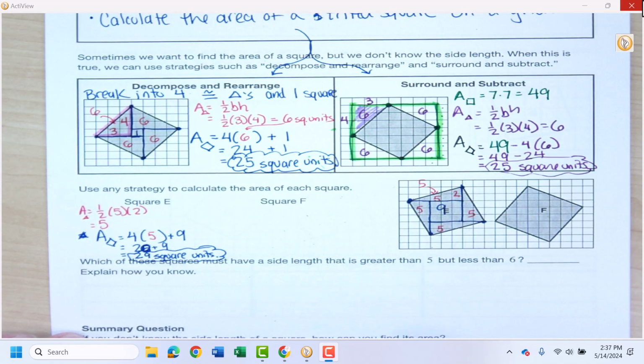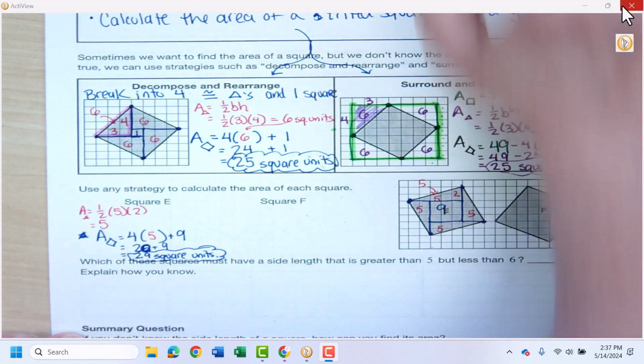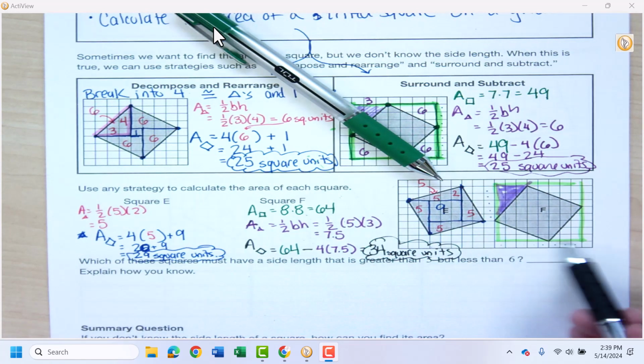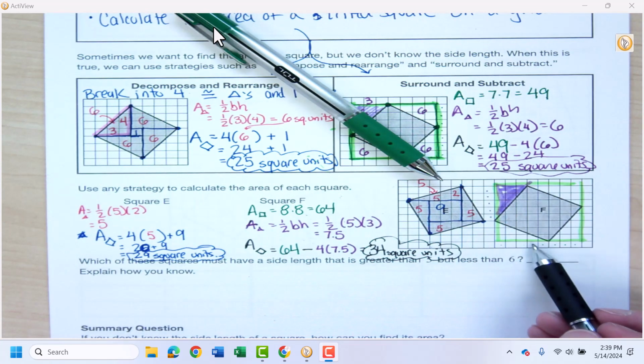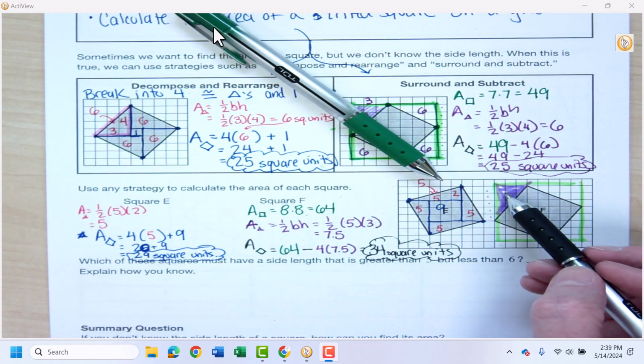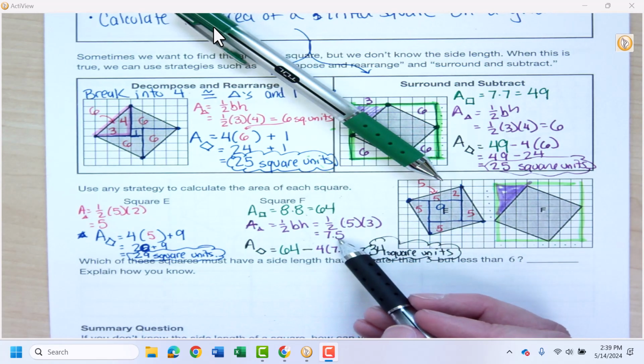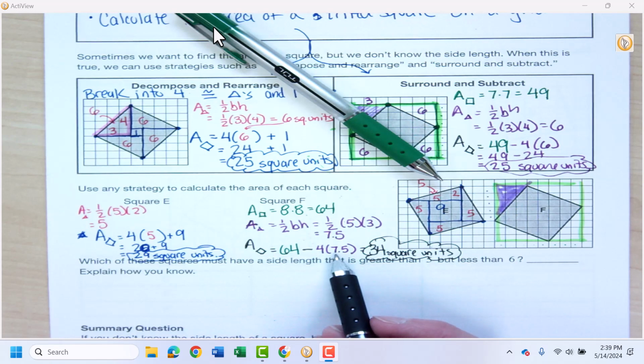Why don't you go ahead and pause the recording, try it on your own, and see if you end up with what I get. All right, if you're back, I found the area of the surrounding square, which was 64. Subtracted off these 4 purple triangles, which were all congruent at 7.5 units. And since there were 4 of those, I multiplied by 4, subtracted from the surrounding square, and got 34 square units.